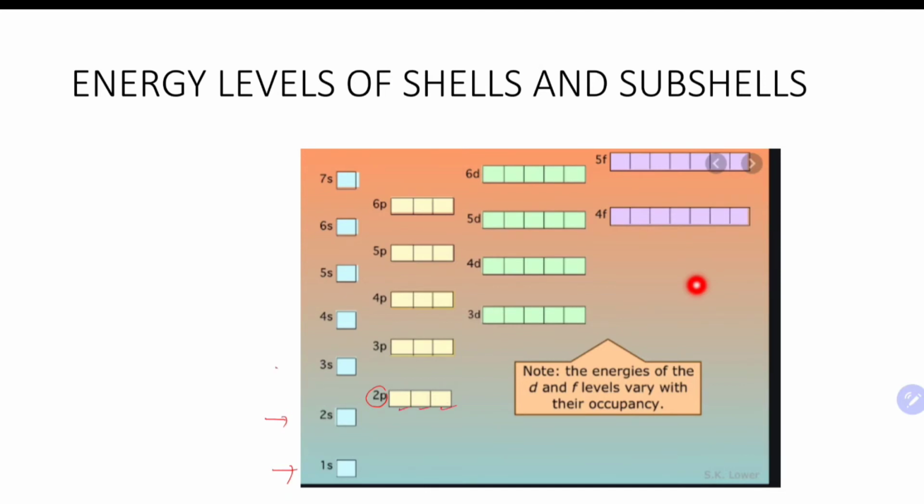Then you have 3s and 3p and 3d. But the position here describes the energy level. As you can see here, the energy level of 4s is lower than the energy level of 3d.